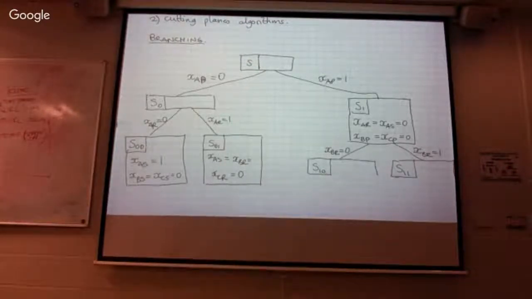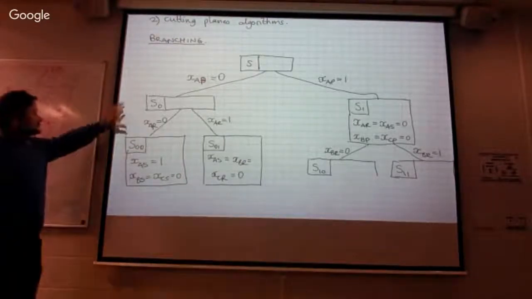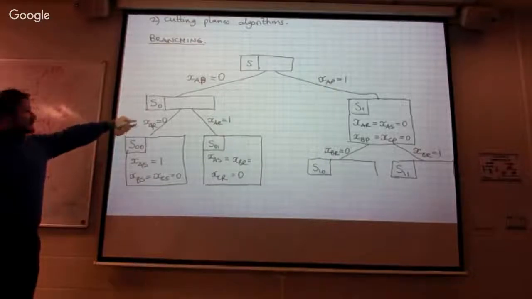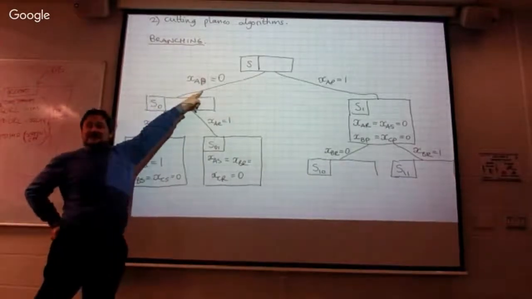The natural question is, how am I choosing the variables whose values I branch, whose values I decide whether they're 0 or 1? No good answer. For the first one, it doesn't matter because they're all kind of symmetric. For the second one, I get some information if I choose something that has A or P in it.